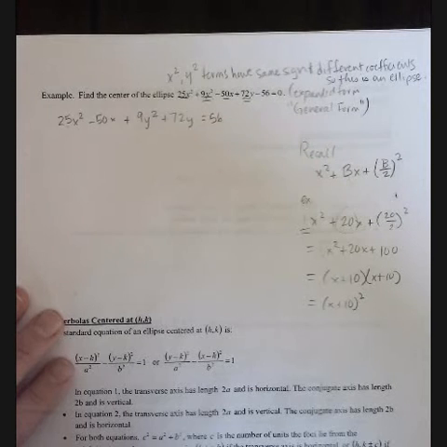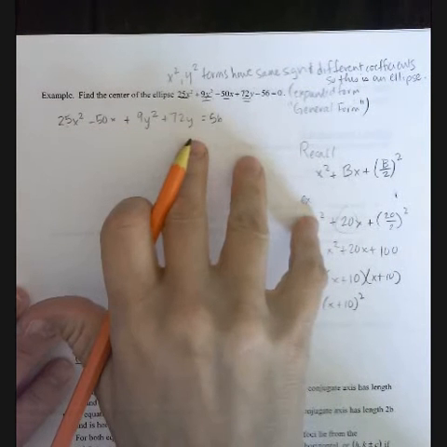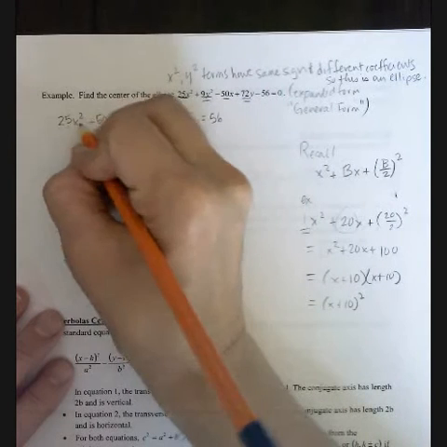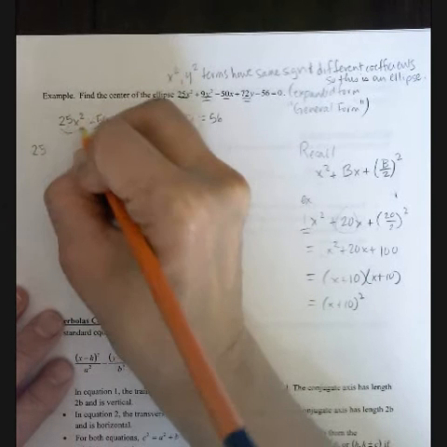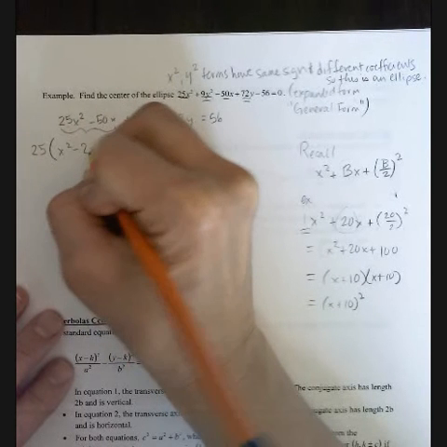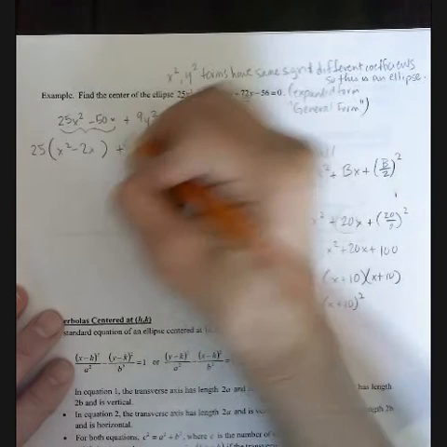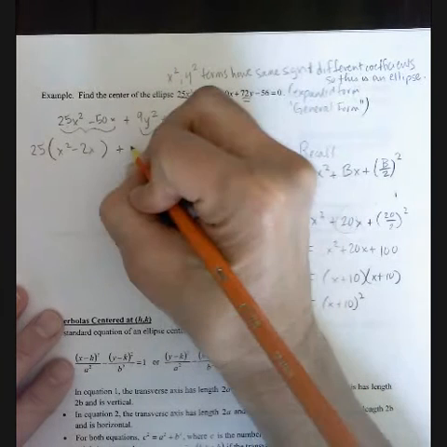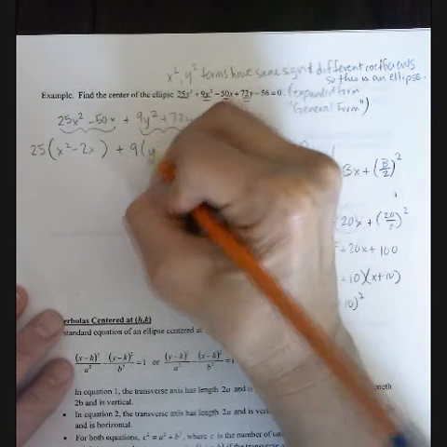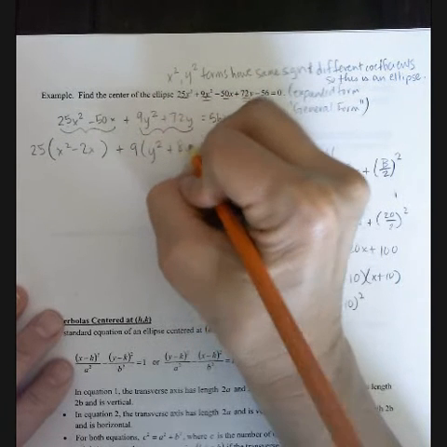So what we do instead of dividing is we factor. So we factor the 25 out of the x terms, and then we get x squared minus 2x in the parentheses. And then we factor the 9 out of the y terms, and we get 9 times y squared plus 8y in the parentheses.